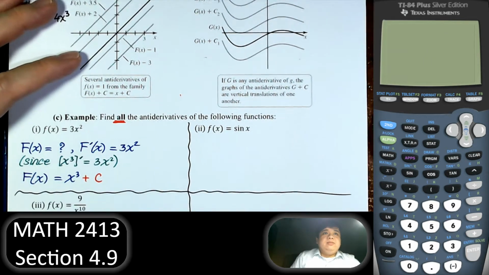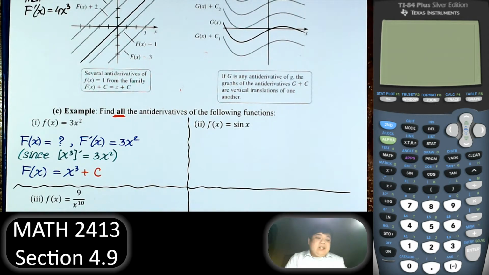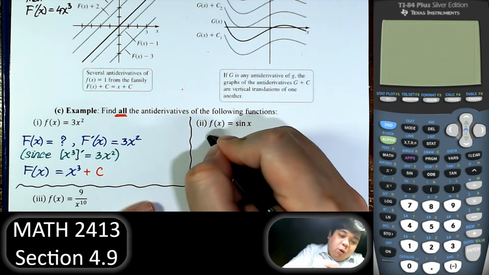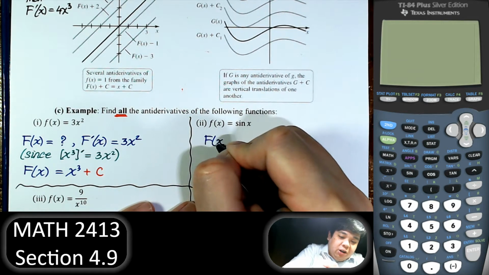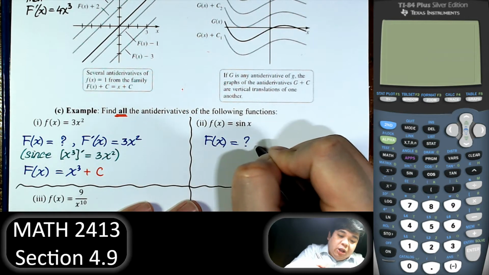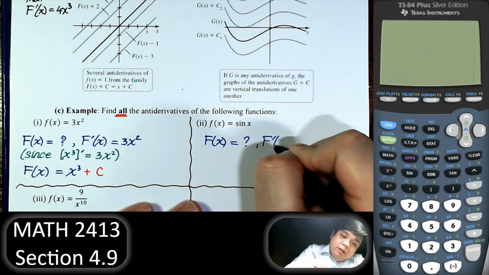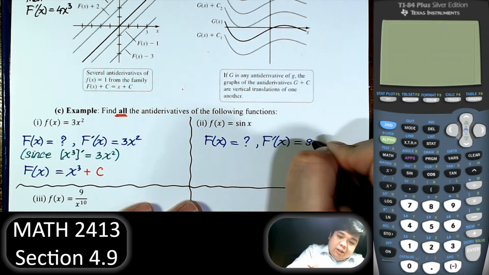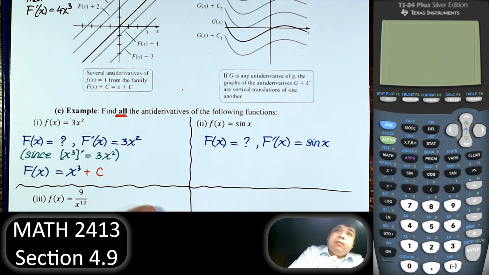Next, if the function is sine x, once again we find all the antiderivatives, so we will find a function whose derivative is equal to sine x.